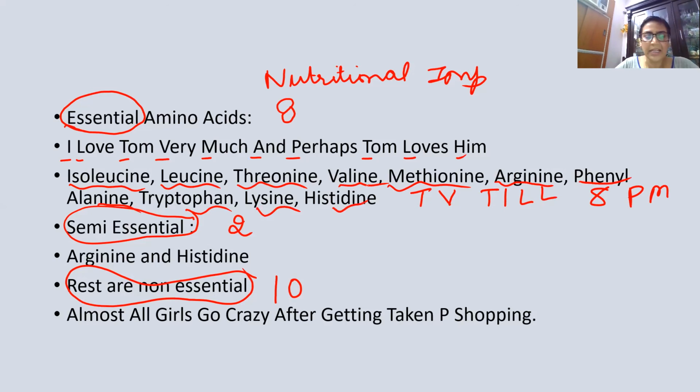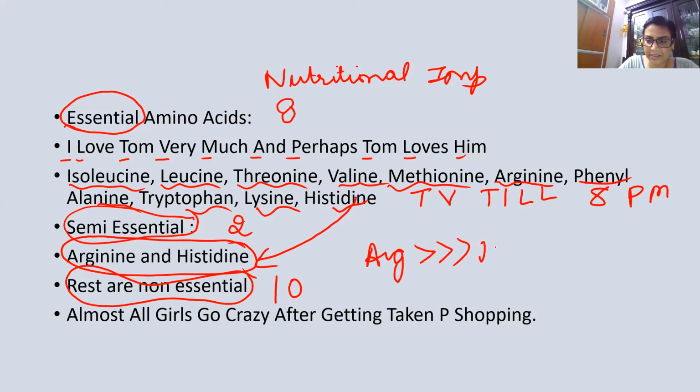So these are the essential ones. Histidine comes under semi-essential also. So semi-essential are 2, arginine and histidine. And we have to give the preference, priority between arginine and histidine. So it is arginine, then histidine.